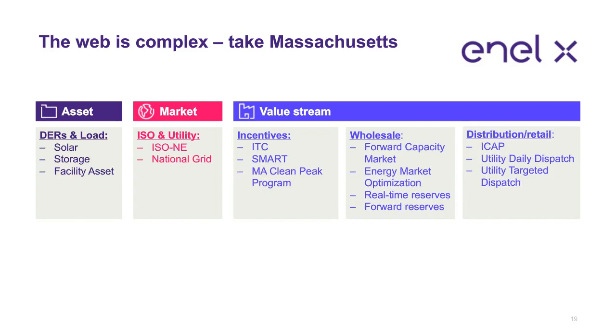But the other key thing to note, like we talked about, is there's an interrelationship between all of these. As one quick example, participation in some of these will cannibalize your ability to participate in the others. If you're participating in the daily dispatch program, that can erode your baseline, which is essentially a measure of how much electricity you'd normally be using.